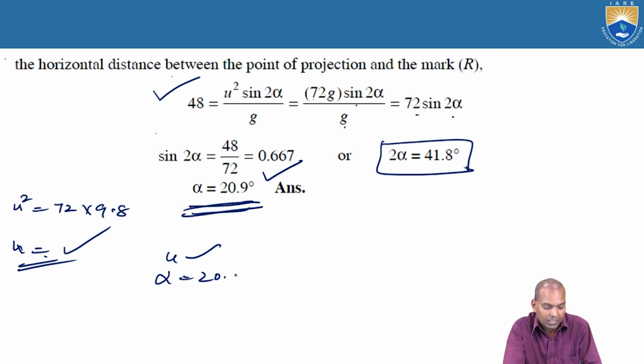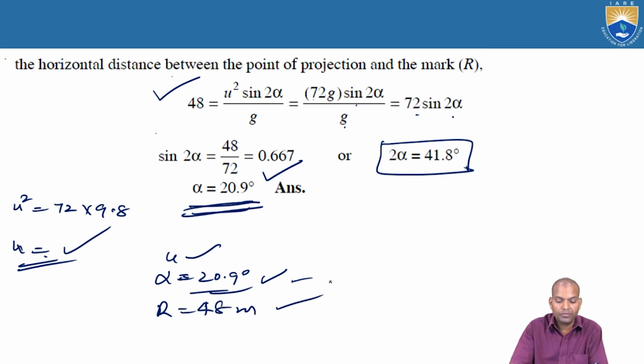The angle of projection is 20.9 degrees, and finally the range is 48 meters. Even though this problem only asked for the angle of inclination, alpha, it involves the calculation of the range, the calculation of the velocity U, and finally alpha, the angular projection, that is 20.9.